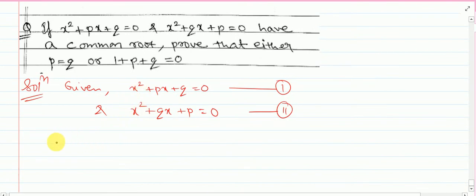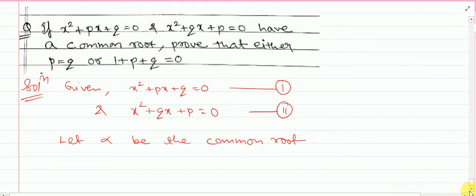Let alpha be the common root. Now since alpha is the common root, that means alpha will satisfy equation 1 also and equation 2 also.